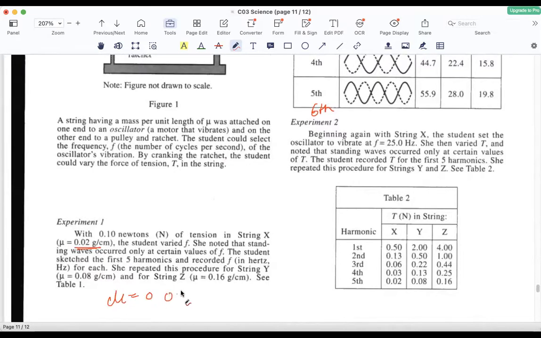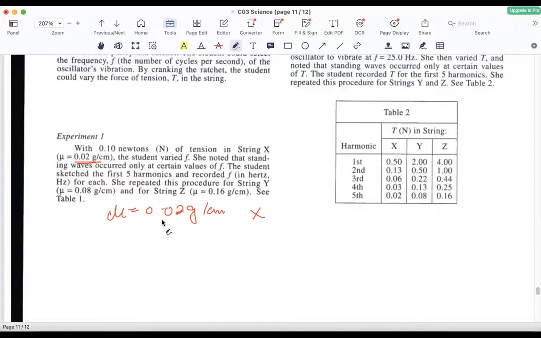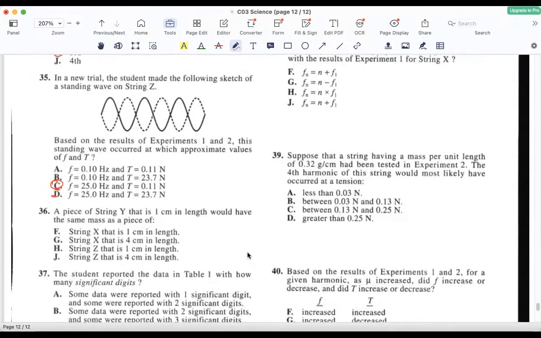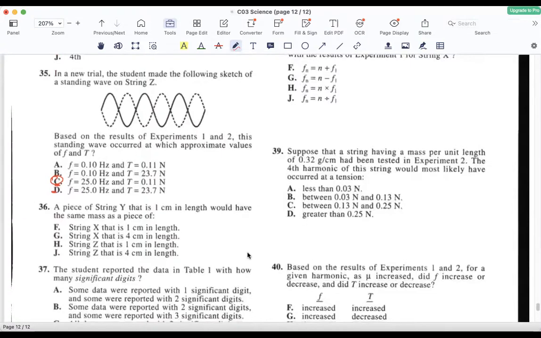So 0.02 grams per centimeter is for X, 0.08 grams per centimeter is for Y, and 0.16 grams per centimeter is for Z. So 4 of X would have the same mass as 1 of Y.